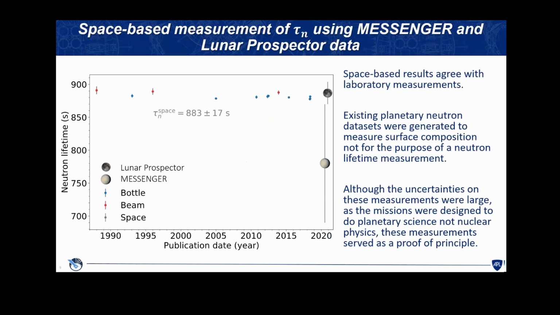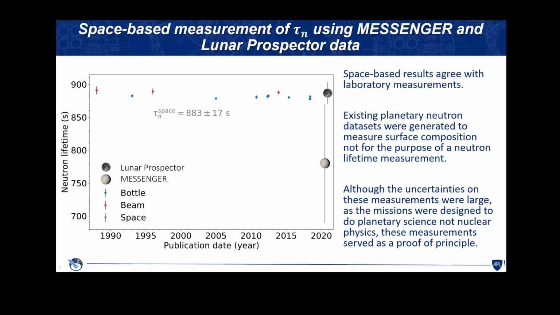So this, again, should have some uncertainty regions highlighted, but the transparency's disappeared here. But what this figure does is it shows the measurements that we made using existing data in comparison to existing laboratory measurements. And what you can see is that the uncertainties are somewhat large, and that's to be expected.